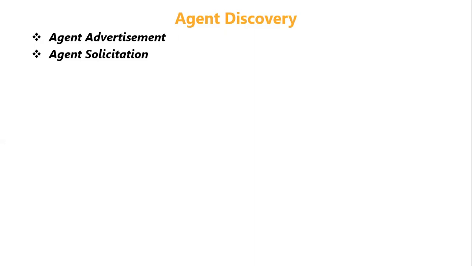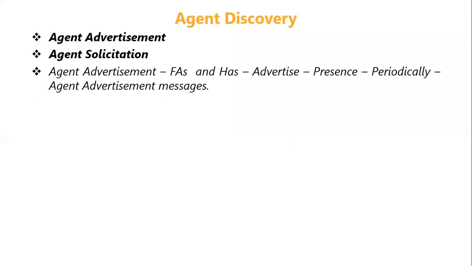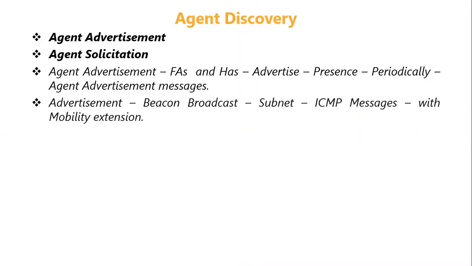There are two ways in which agent discovery can be done. It can be done either through agent advertisement or through agent solicitation. First, let us discuss agent advertisement. These agent advertisement messages are sent as beacon broadcast messages into the subnet.